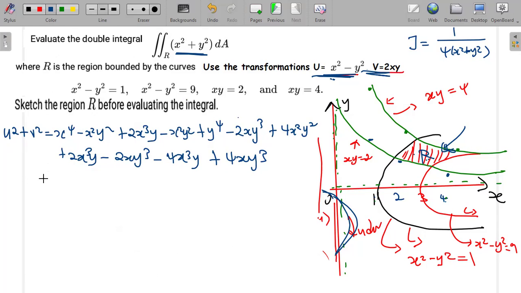So let's put like terms together. So u squared plus v squared, this one to be x to the power 4. Okay, I can get this one. So this one I've gotten, this one I've gotten. From here, I'm going to target which ones? I'm going to target these ones here with the y squared minus y squared.